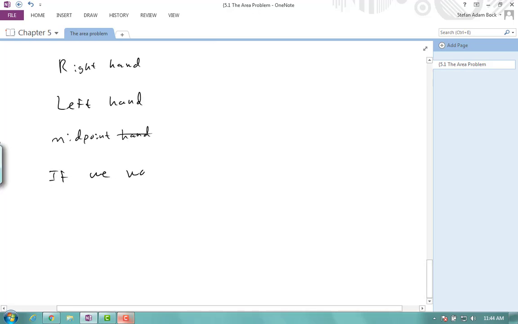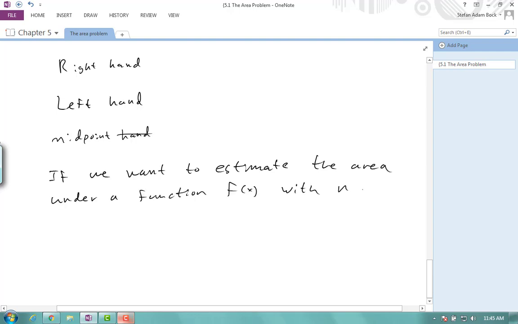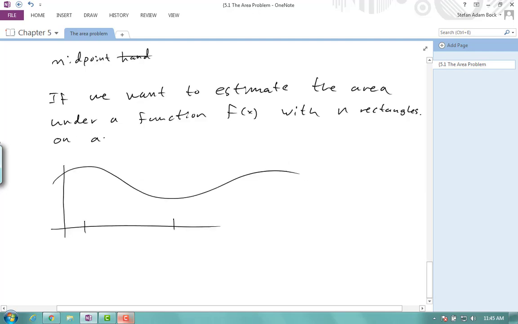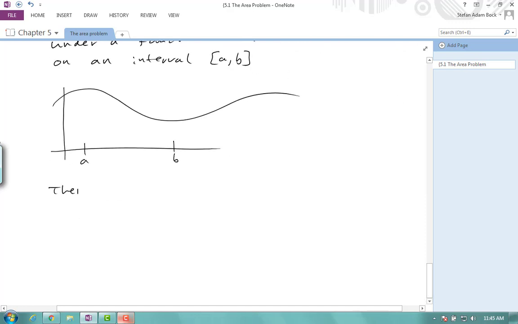So the way this works is if we want to estimate the area under a function f of x with n rectangles, and by that I mean n is the number of rectangles I want to use, on some interval from a to b, then we divide the interval from a to b into n equal parts.